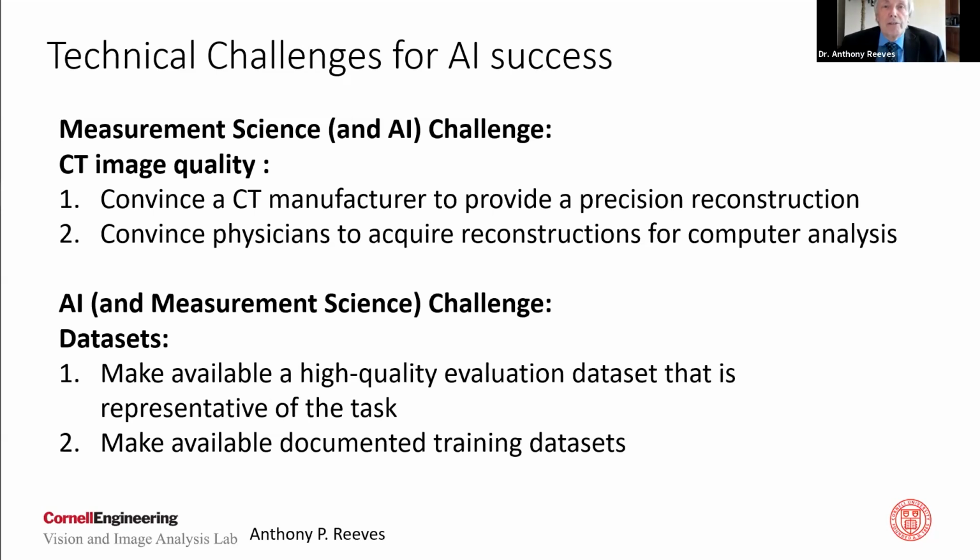Next, I would suggest what we really need to make AI successful is an evaluation data set, sometimes called validation. I think of it as evaluation because you want to know if it's working. That to me is a major effort that should have many stakeholders put into it, creating a data set of 1,000+ nodules.